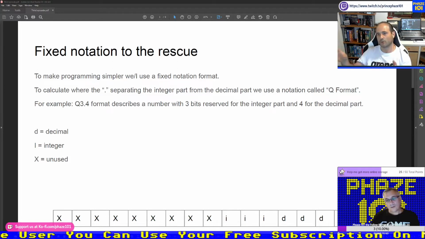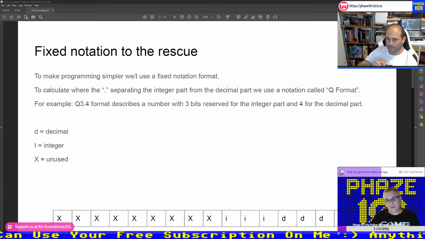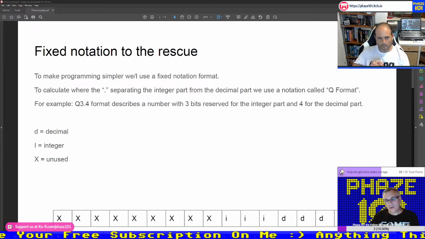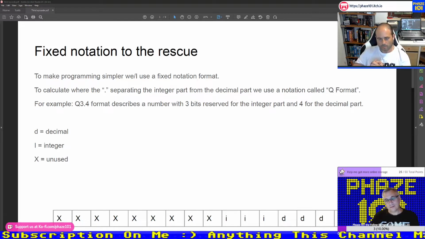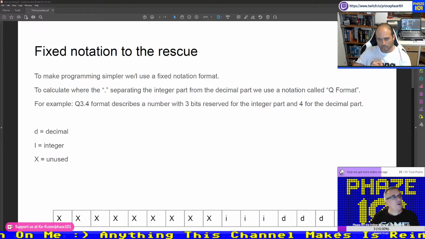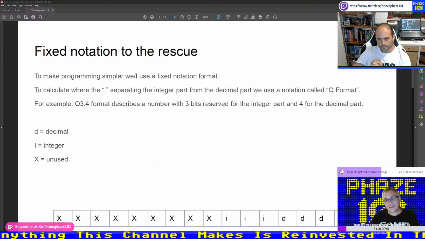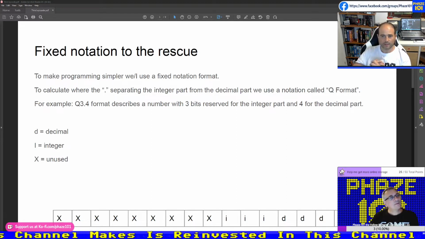So if we have 1.5, what binary will you write where the decimal part is? If you have 1.5, the 0.5, what do you write in DDDD? In DDDD, you write 1000.